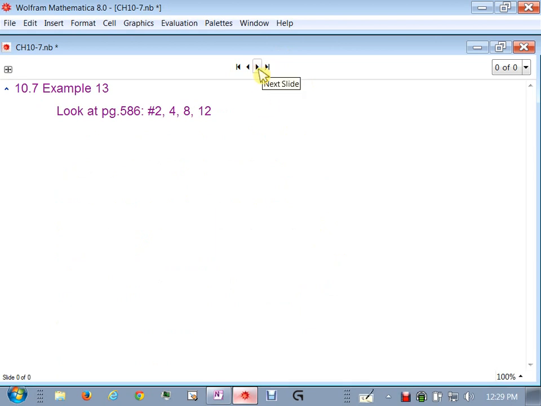All right, let me see if that's the right one. I was going to do some problems in class. Let me see. I don't even know if this is the right page. 586. How are we doing on time? No, it's actually page 589.